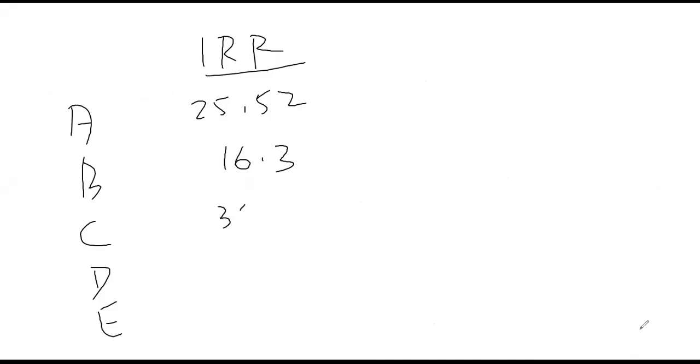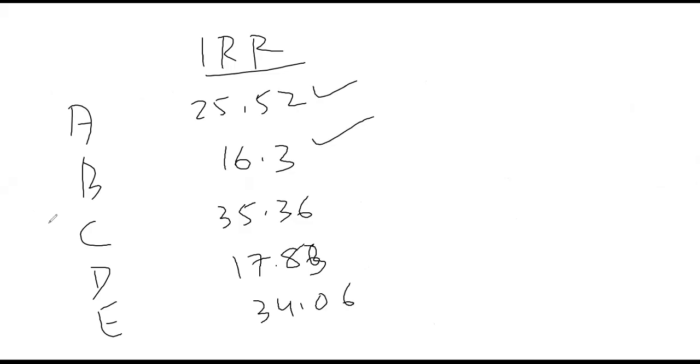Suppose this is 35.36, this is 17.8, then 86 something, 83 or 85, then this is 34.06. Suppose these are the IRR values, this we have already rechecked, but these 3 you will confirm after calculating. For the time being, just see, suppose these are your 5 IRR.